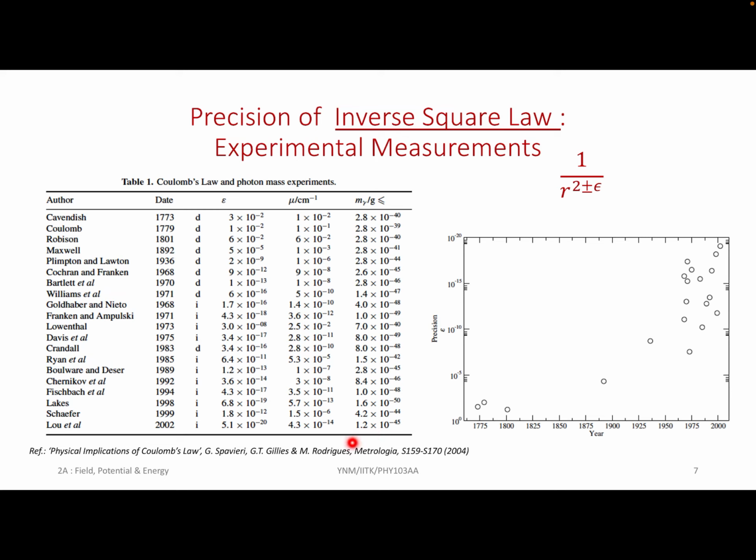So though I'll not discuss this any further, you can refer to this paper from 2004. And here the error bar on epsilon is plotted from 10 to the power 0 to 10 to the power minus 20 over the years. So from around 1773, Cavendish, to around 2002, 10 to the power minus 20, all these determinations have been plotted to visually see how astounding the scale is: 20 orders of magnitude.